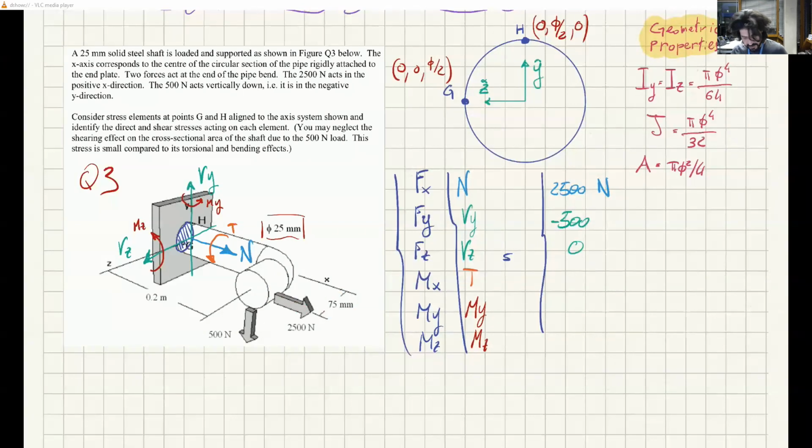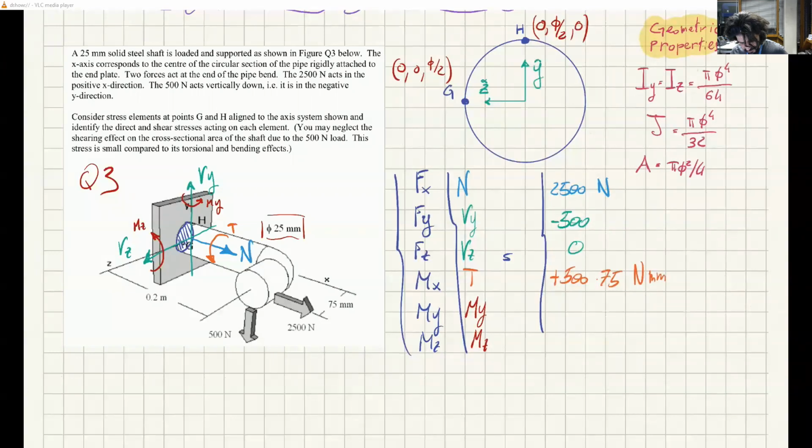Using the right hand rule, if you put your thumb around this axis and rotate your fingers, the positive rotation is the one I just signed here. This force is also making it rotate in the same direction, so we have a positive moment, positive 500 times 75 Newton millimeters.